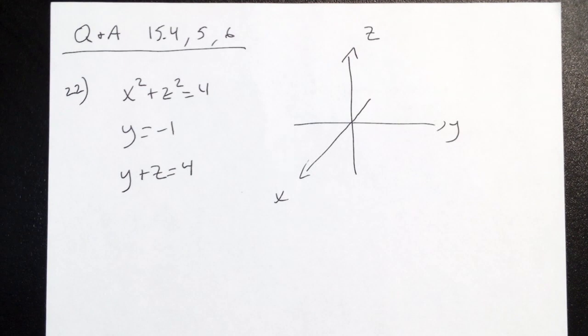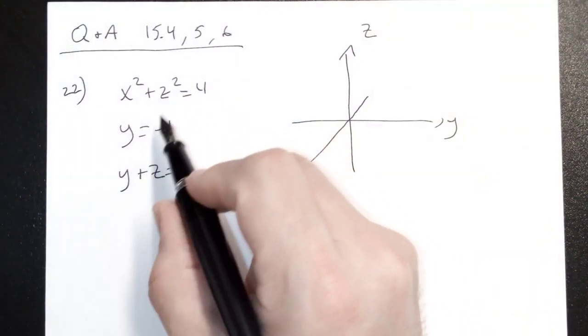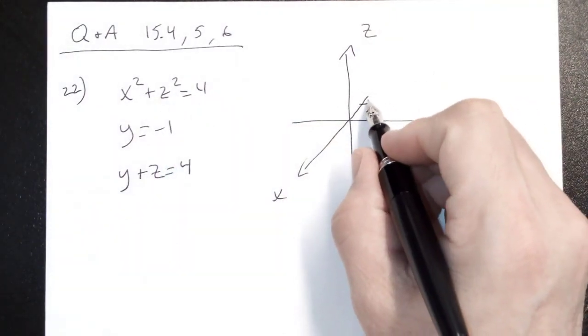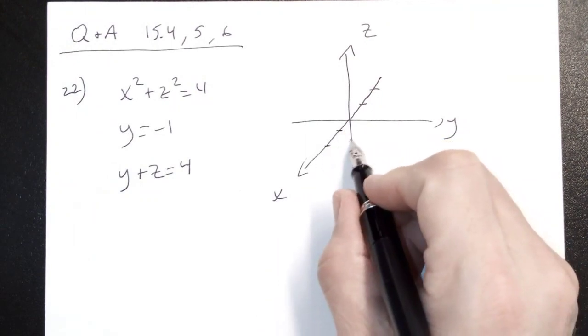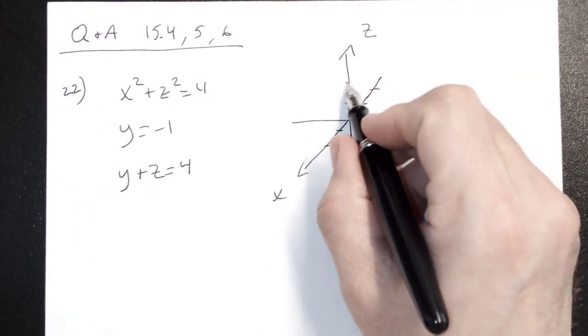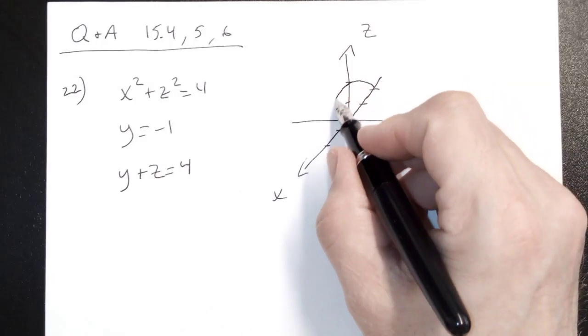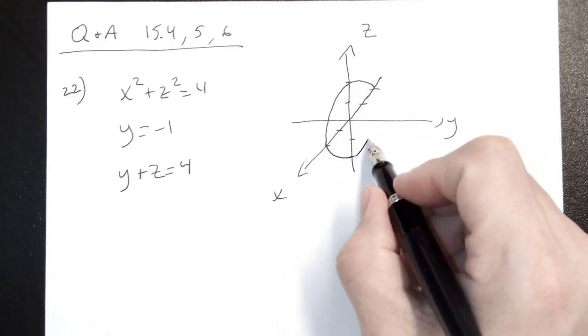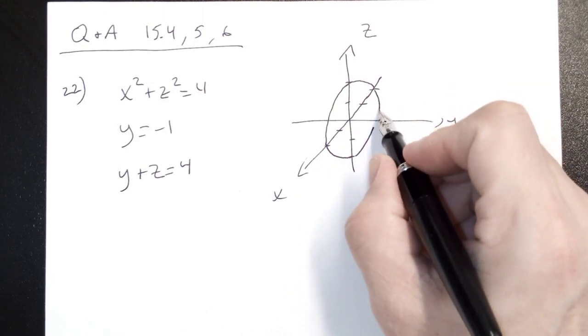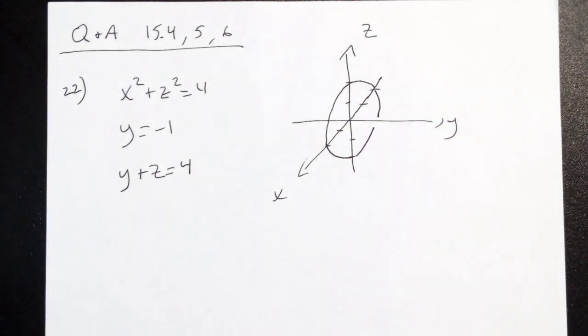Just a circle. It's a circle of radius 2 centered at the origin, in the xz plane.